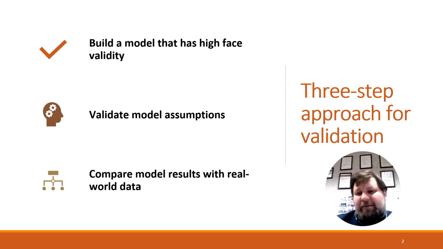Therefore, now I am going to speak about something called a three-step approach, or three-step framework for validation, which in my opinion at least is much more oriented to practical application.